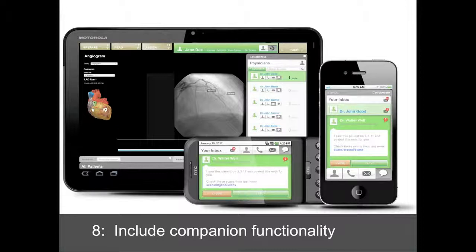And what they came up with is two things. One is, as you can see on the tablet, this is the actual imagery that people can take advantage of. So they're not running the instrument, they're just taking advantage of the instrumentation. The other one is a cell phone where the person is just notified. But again, what's happened is they've used visualization as a way to present some additional companion functionality.